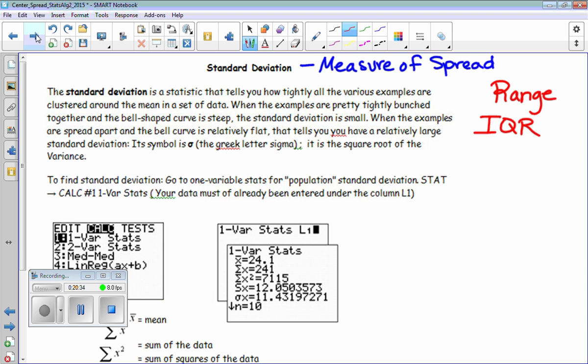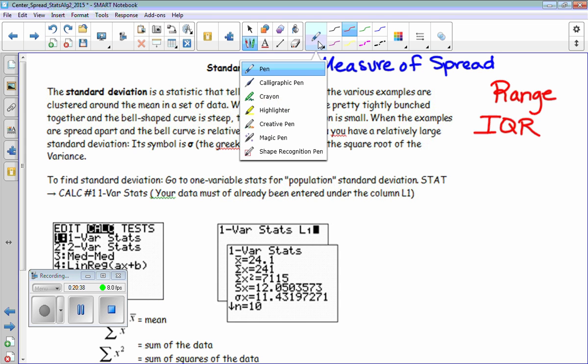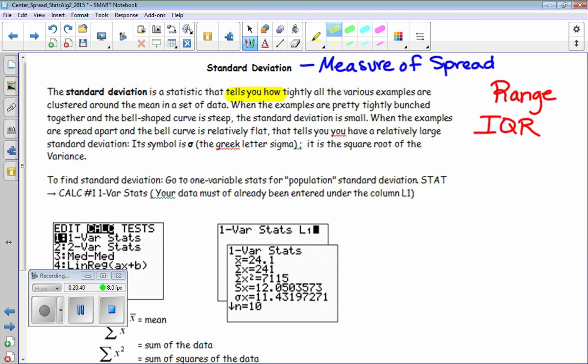What kind of a number is it going to be? Well, what it does is it tells us how tightly they are clustered around the middle. So if I were highlighting, that's what I would highlight. That's the definition of standard deviation. Good.